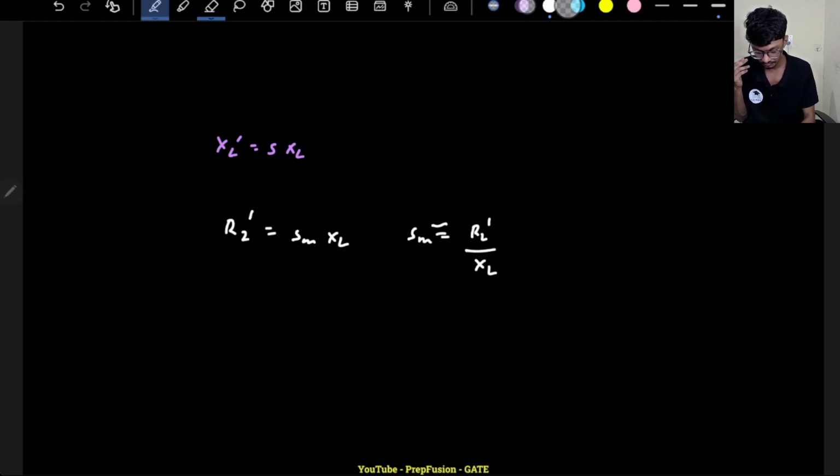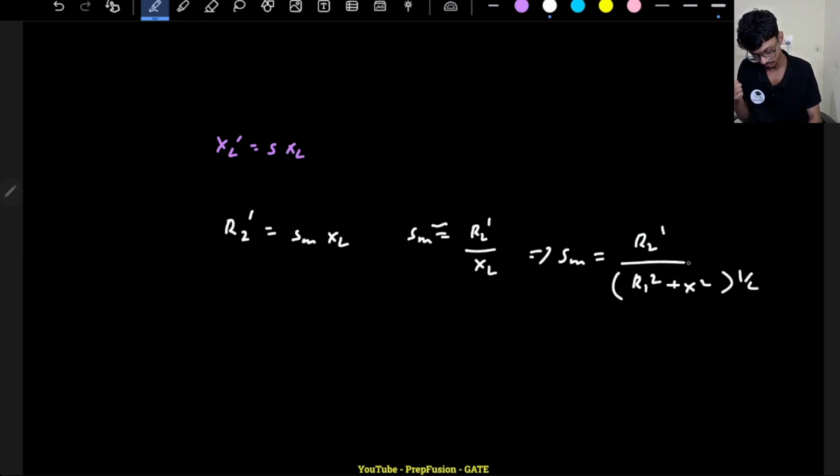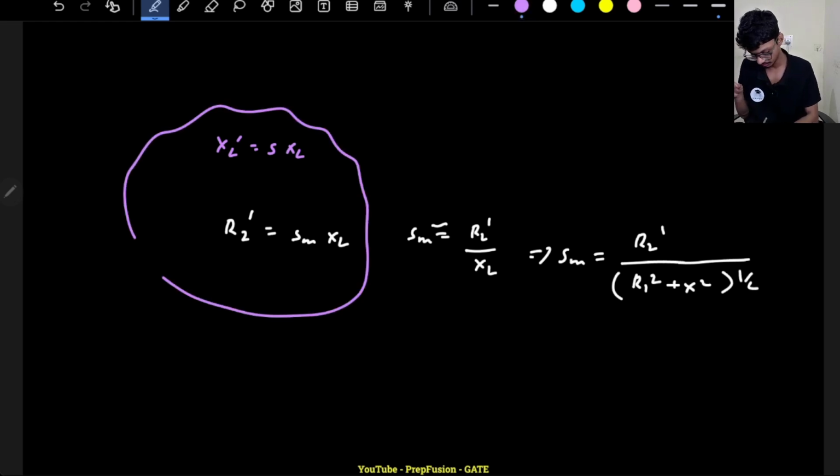The actual version, Sm, was actually equal to R2 dash divided by the square root of R1 whole square plus X whole square, right? So this is the trick basically how you can remember the maximum slip formula.